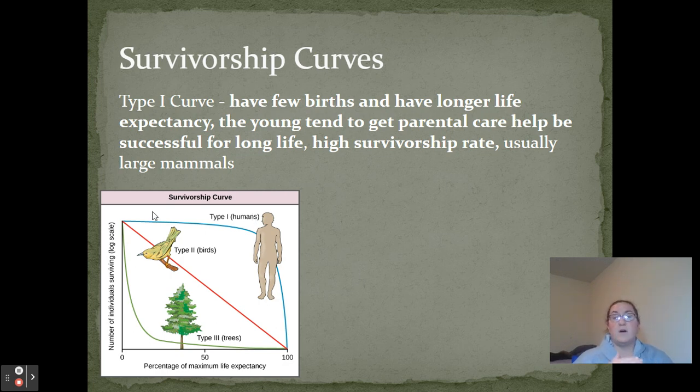All the ones that have a type 1 curve tend to have very few kids, less than 10 in a human's lifetime, give or take. We tend to keep our kids a lot longer. They survive longer, and then eventually they die off after a very long, successful life.